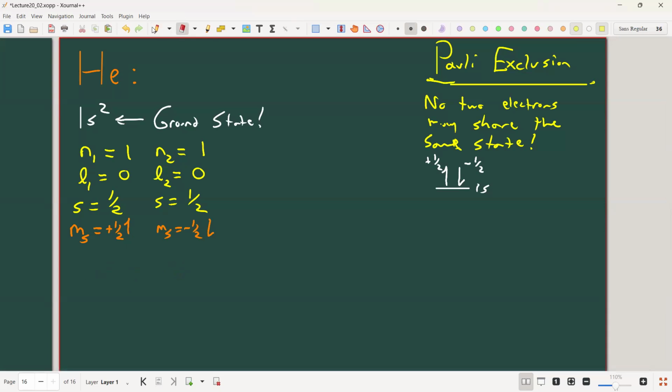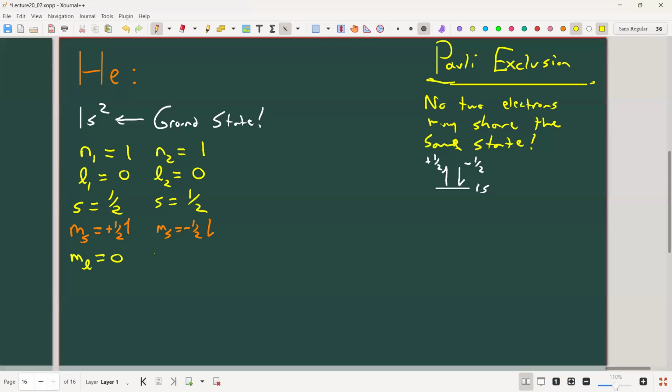So let's double check: m sub L for both of these is 0, because it's L equals 0, that's the only possible state. So instead of adding L and S, let's add by z component, which is the way that we constructed the problem anyway. So what we can write now is a sum over m sub j states.